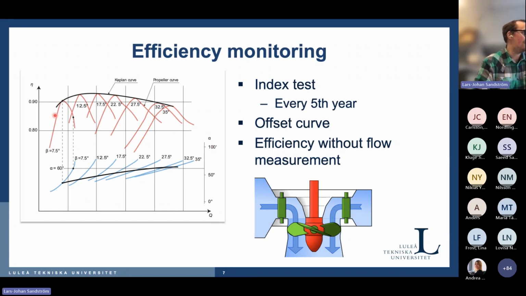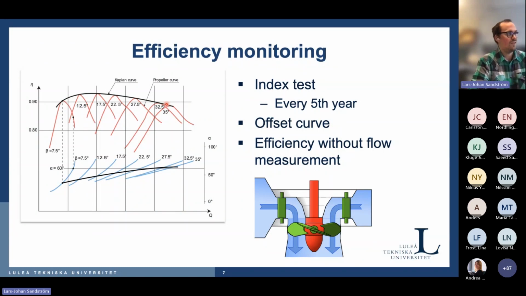So you can see here on the one propeller curve we have a fixed runner blade angle, and we are letting more and more water into the turbine, and then we get one point where we have the best efficiency. And when we do it on different runner blade angles, we can get this Kaplan curve where we have the best efficiency.